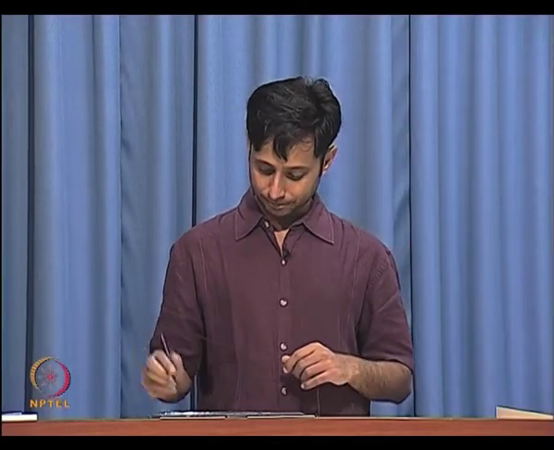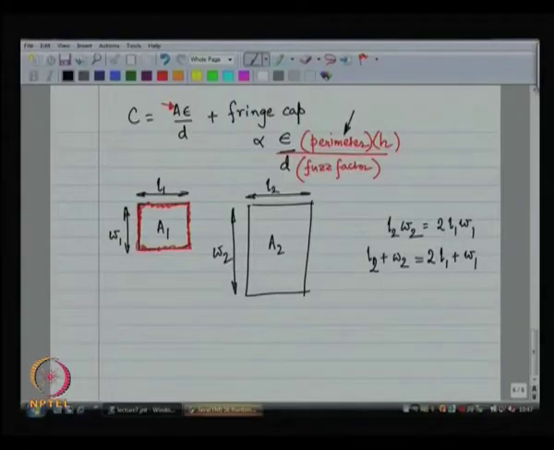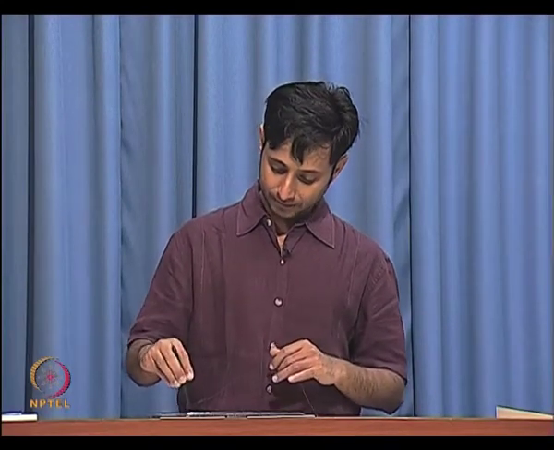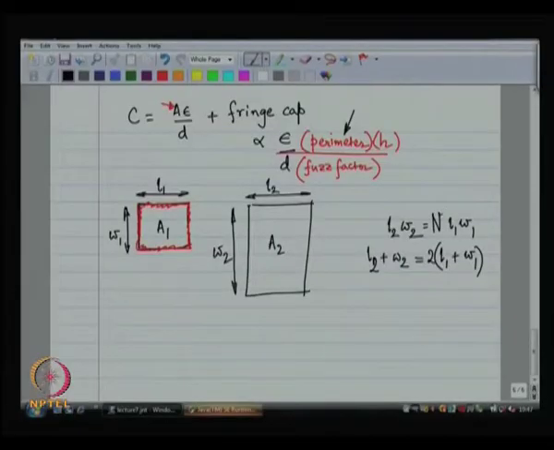So, if you want one capacitor to be n times the other capacitor, then there is a unique relationship, and it might not be easy to make this, right, but beware.